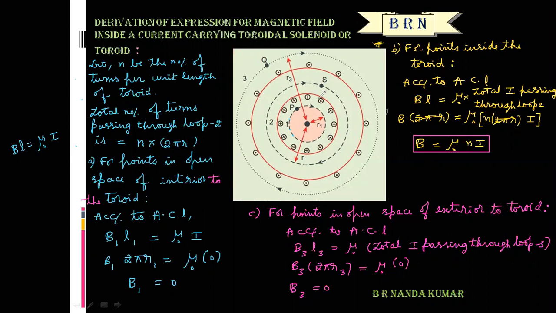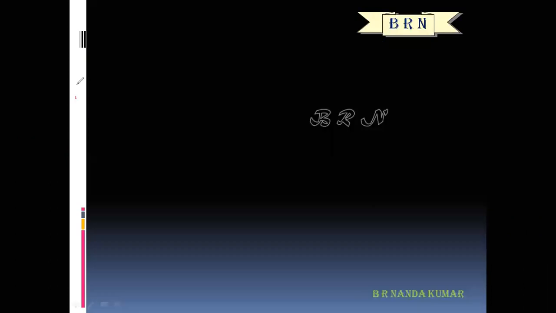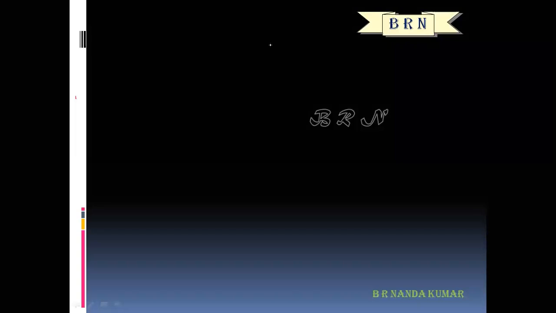But the magnetic field inside the toroid is not equal to 0, that is B is equal to mu naught n I, and this is exactly equal to the magnetic field inside the current carrying solenoid. Okay, thank you.